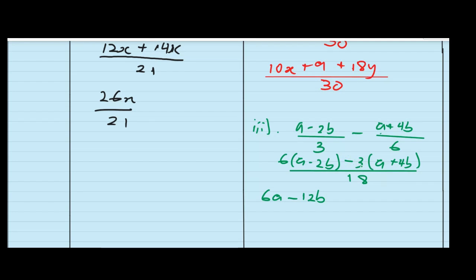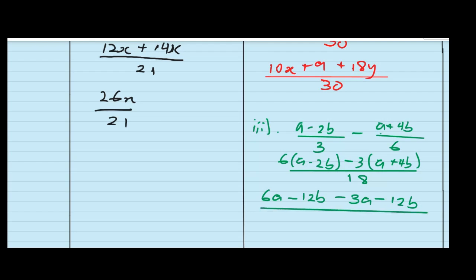So don't take this one as 3, but rather negative 3. So negative 3 times a is going to give us negative 3a. And then negative 3 times positive 4b is going to give us negative 12b. So don't forget that it is all over 18.